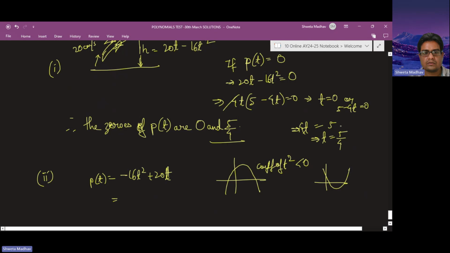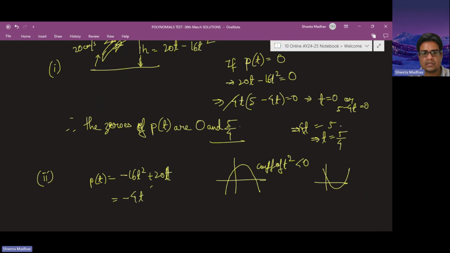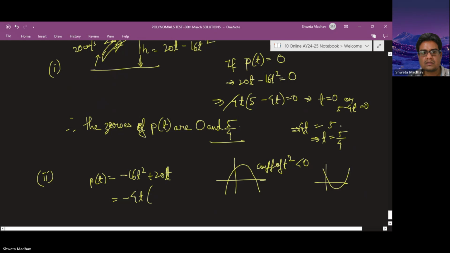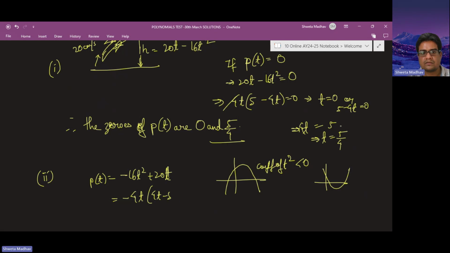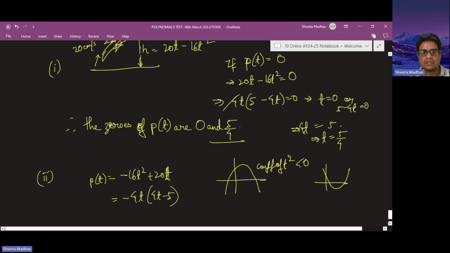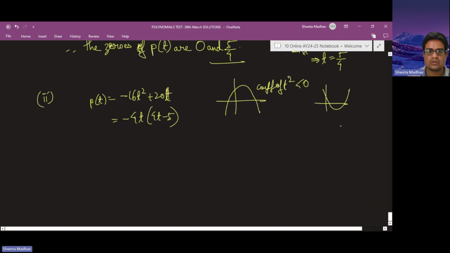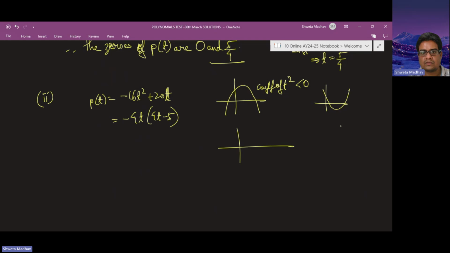So obviously the zeros are 0 and 5 by 4. One of the zeros is 0 only, so it will pass through the origin. It will intersect at the points (0, 0) and (5 by 4, 0), since 0 and 5 by 4 are its zeros.